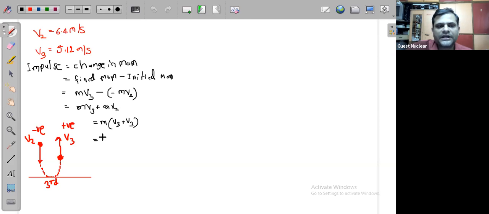We know that 100 gram means 0.1 kilogram. So we put it as 0.1 kilogram, and then we have to multiply it by v3 plus v2, where v3 is 5.12, as we already found out.